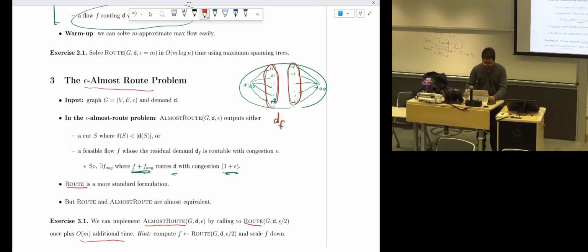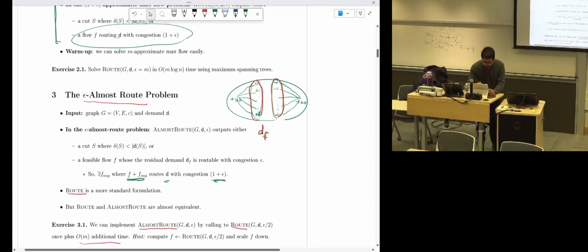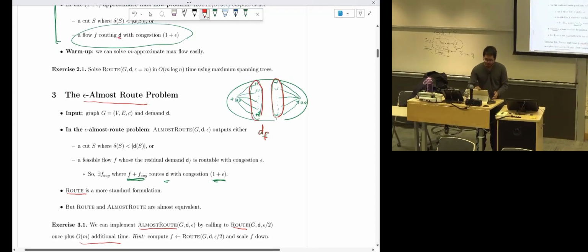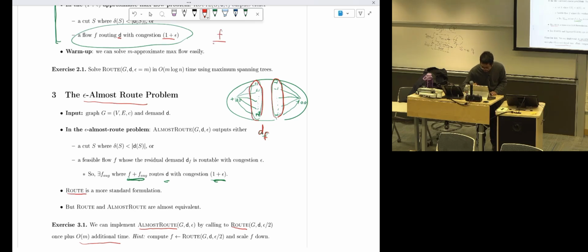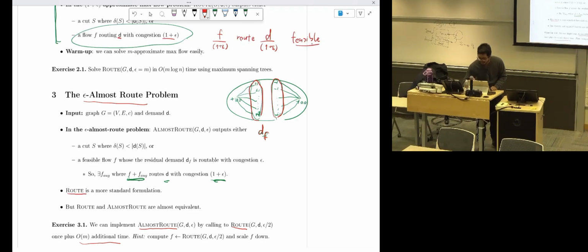So the idea is you call route, which routes D with some congestion, and scale it down by 1 plus epsilon, so that now it's feasible. If you scale it down, it routes D over 1 plus epsilon, and it has congestion 1.